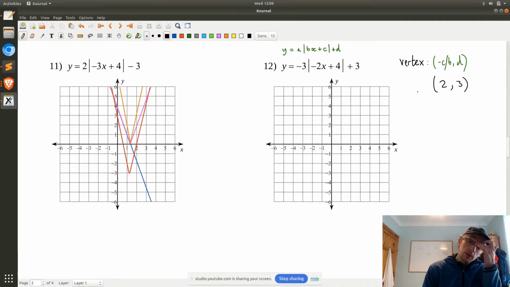Then what do you want to know? Well, surely you want the y-intercept. And of course, the x-coordinate is 0, and the y-coordinate is d plus a times the absolute value of c.